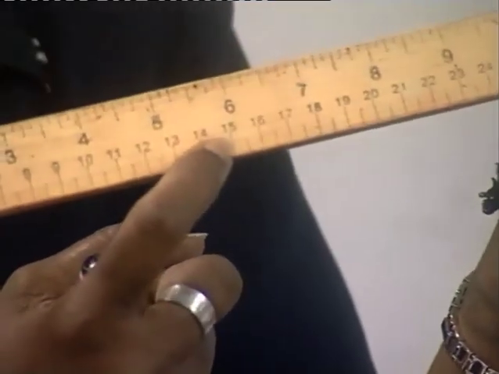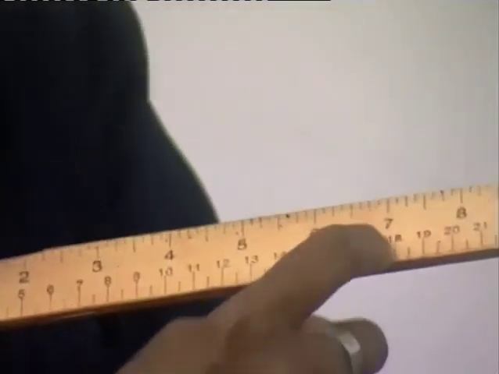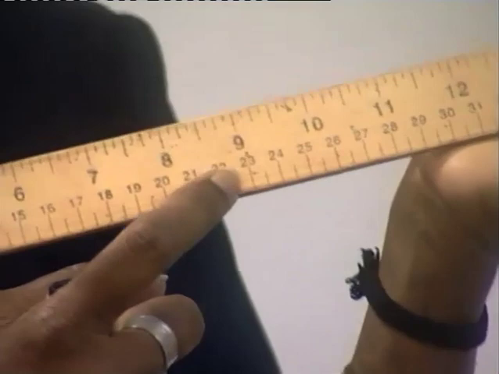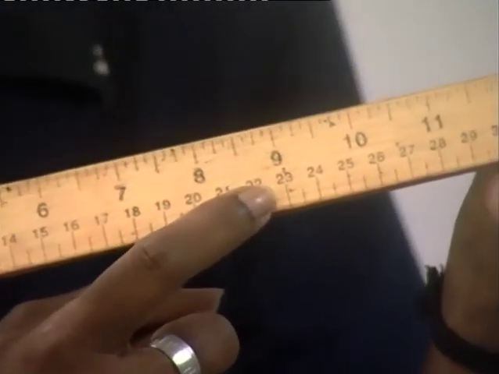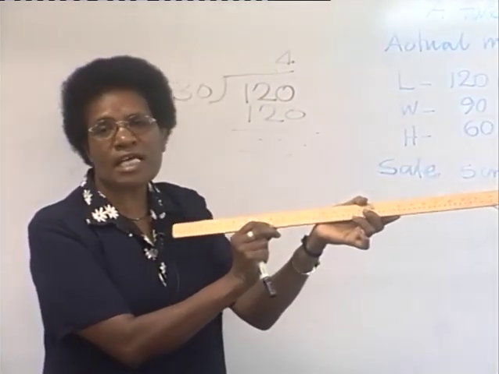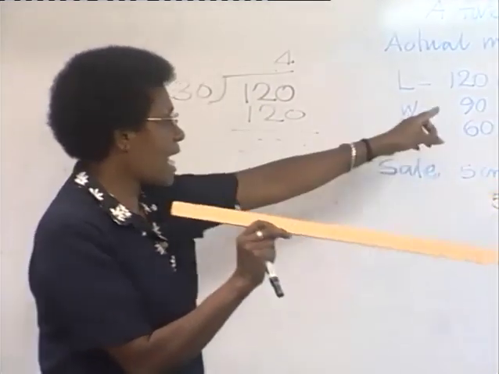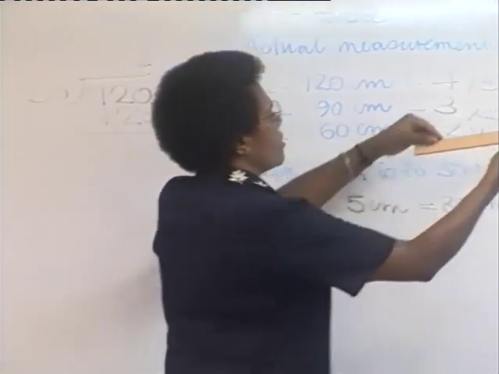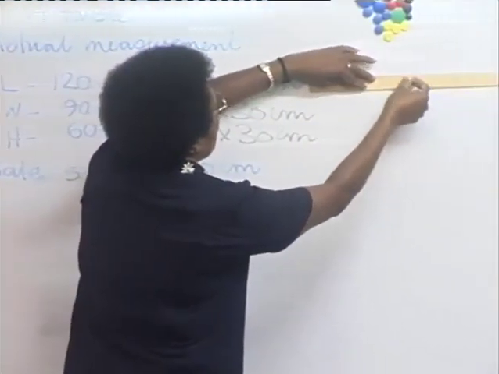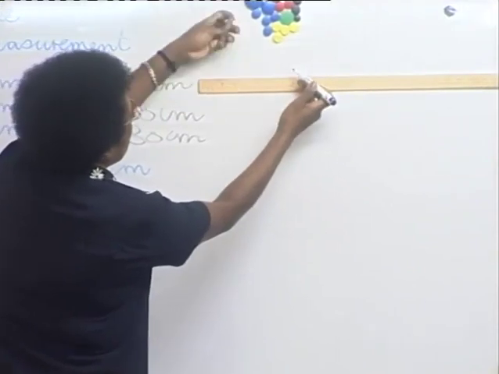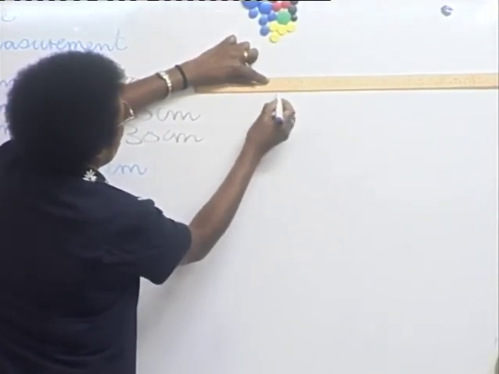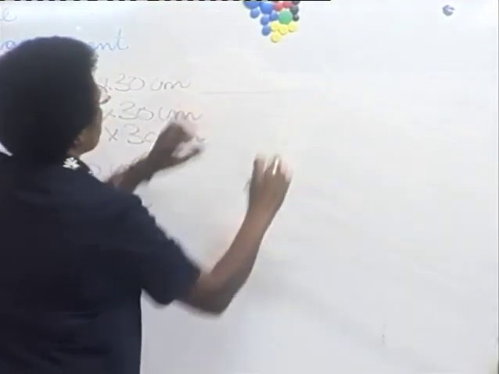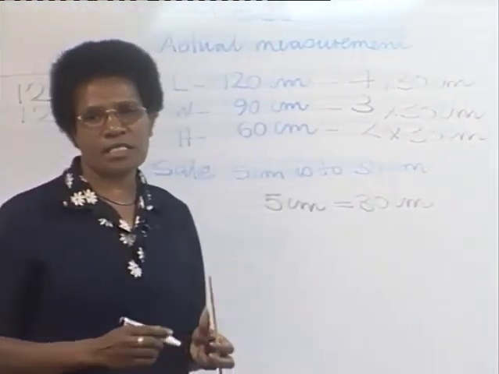Another 5, that's 90 centimeters. Another 5, 120 centimeters. And so you will find that once we decrease that actual measurement, that is how long that 120 centimeters becomes.